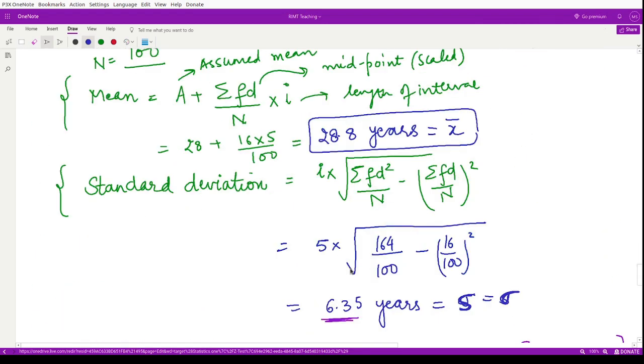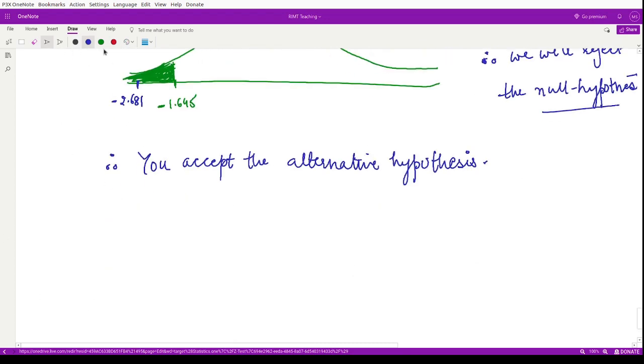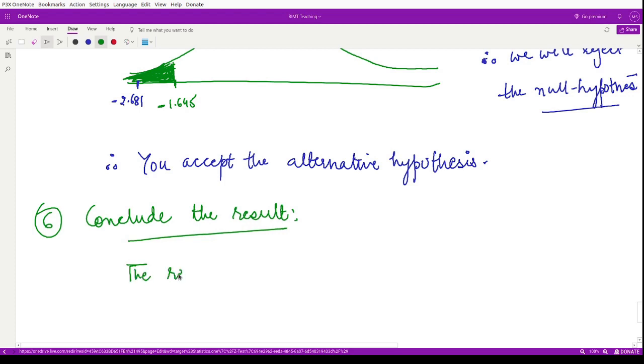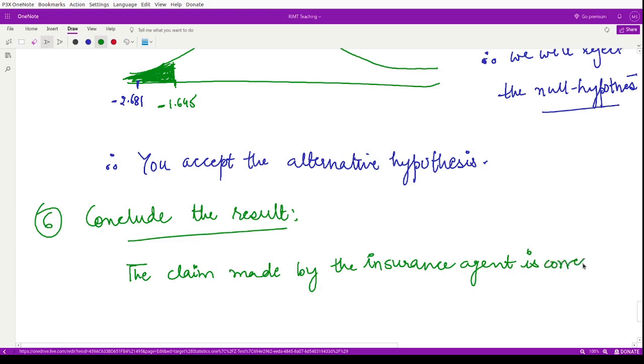So finally, in the sixth step, we will conclude the result. We will say that the result or the claim made by the insurance agent is correct with 5% level of significance.